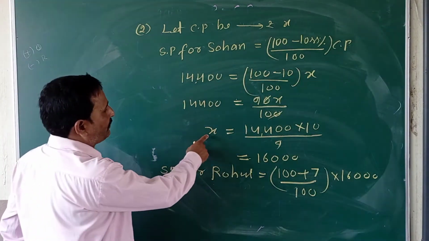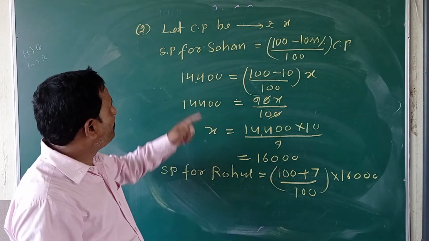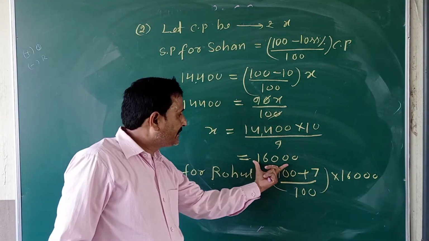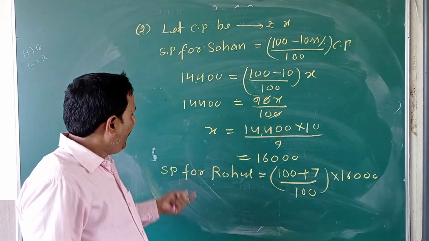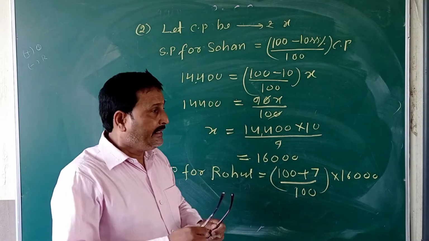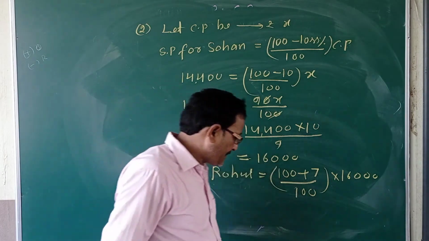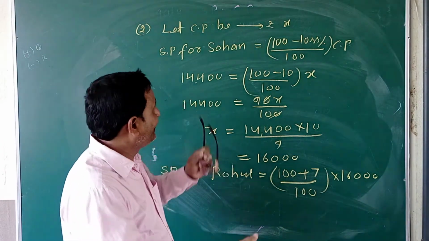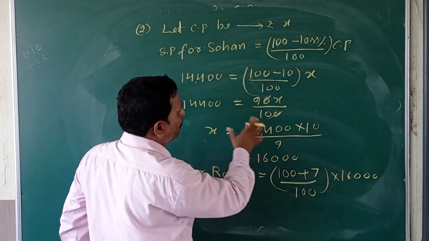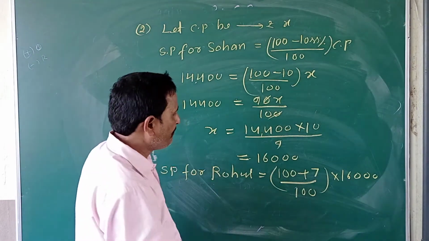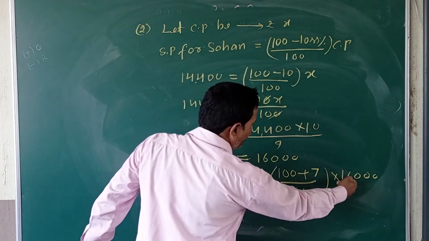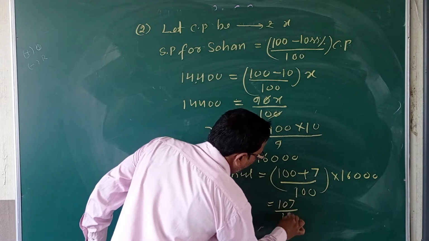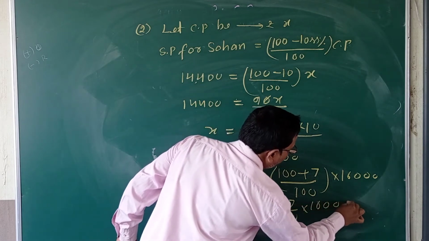Here we have calculated the CP of one music system as 16,000 when its loss is 10%. Now the question: at what price should he sell another music system so that he earns a 7% profit? So 100 plus gain percent into CP, that is 107 upon 100 into 16,000.